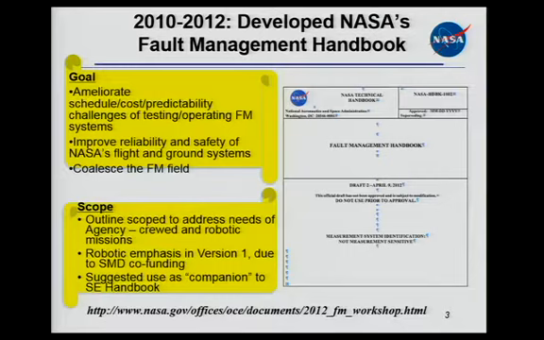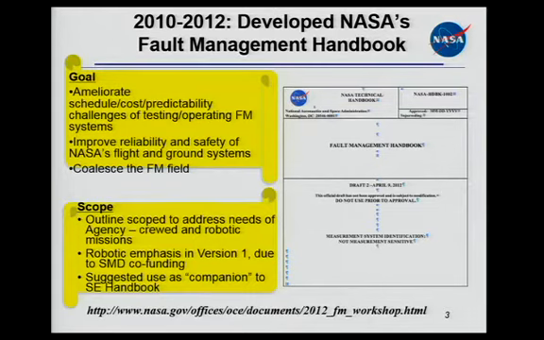And it wasn't anything in particular with deep space or Earth orbiting or contracted or in-house. It just seemed to be a pervasive problem. And so we wanted to really improve the reliability and safety of these missions and get a handle on how we do testing of them.